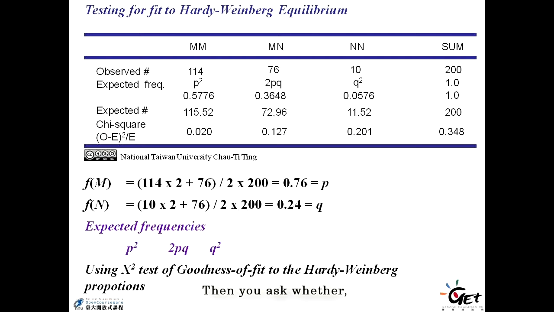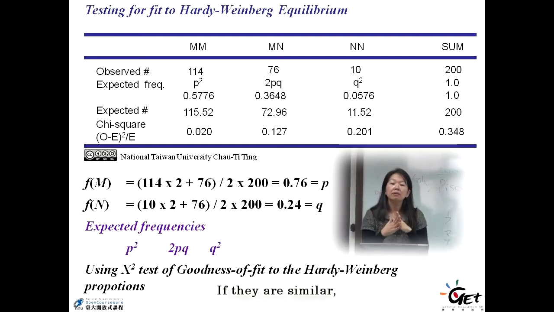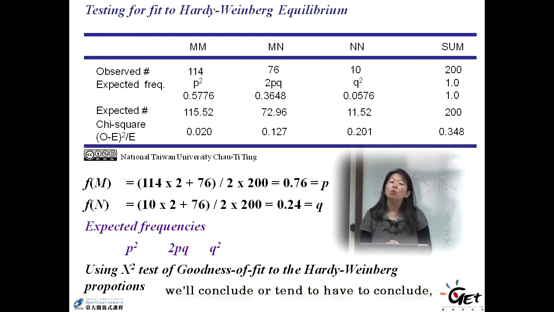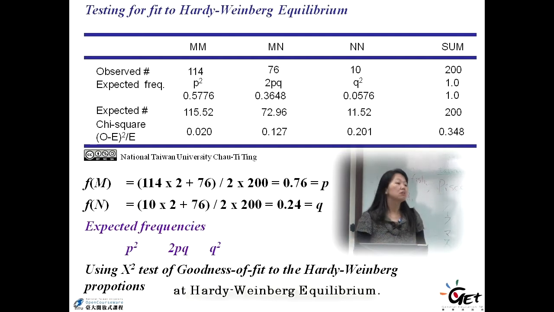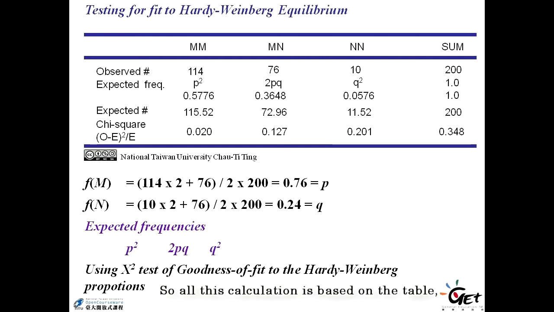Then you ask whether, given the degrees of freedom, this chi-square number is significant, or actually we're asking whether the observation is significantly different from our expectation. If they are similar, there's no statistical difference, and we tentatively conclude the population is at Hardy-Weinberg equilibrium. So one thing you have to remember is we always use the numbers to do the test.